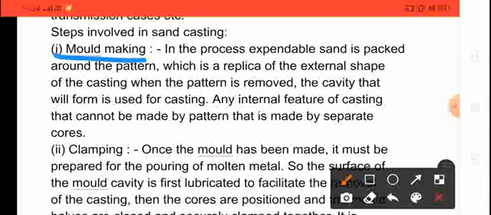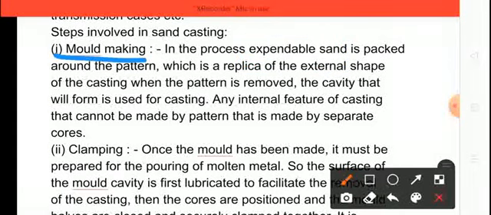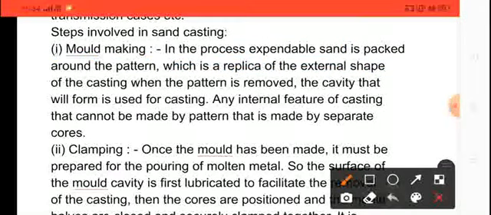In this process, expendable sand is packed around the pattern, which is a replica of the external shape of the casting. When the pattern is removed, the cavity that is formed is used for casting.